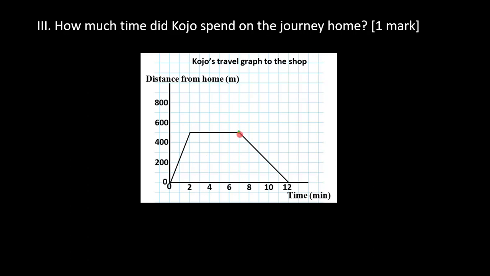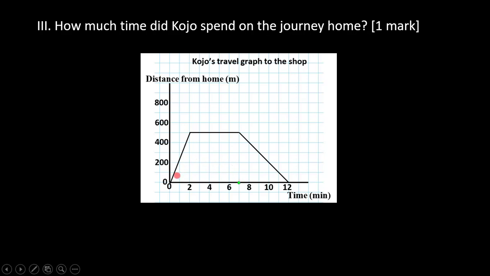And again, when you trace down, we are going to be reading from the 7th minute to where? The 12th minute. What does that mean? It means that in terms of his return journey, the starting point to the 7th minute isn't relevant.